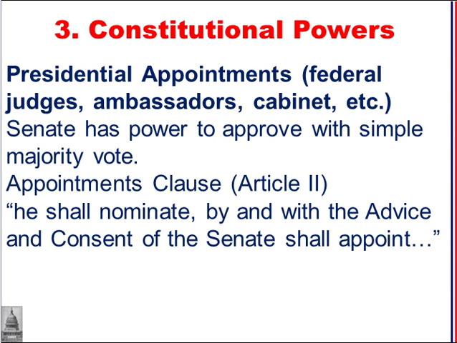The President shall nominate, by and with the advice and consent of the Senate, shall appoint, and then people to fill certain positions. And it is just a simple majority vote. So if the President would like to appoint a federal judge to the district courts, to the Circuit Court of Appeals, or to the Supreme Court, the Senate would have to vote. And if a simple majority of senators vote to confirm the judge, then they would become the judge.